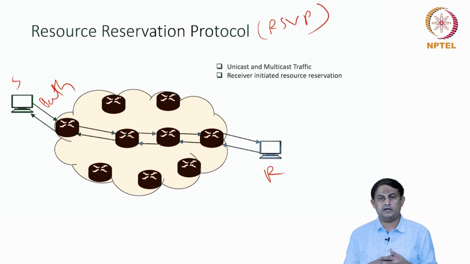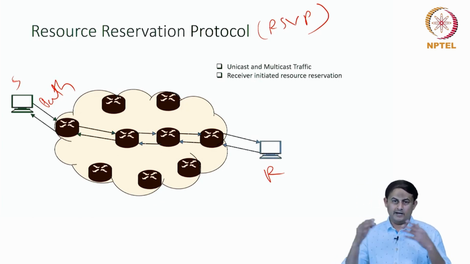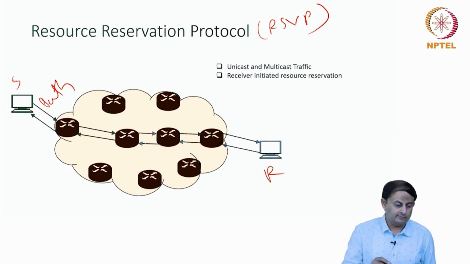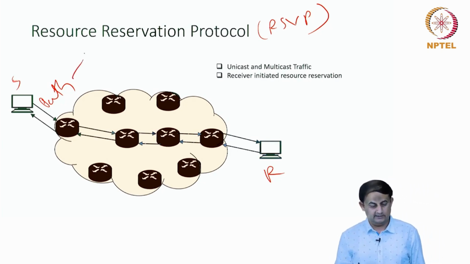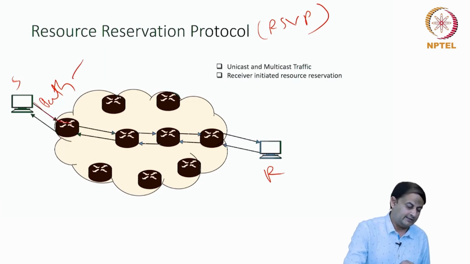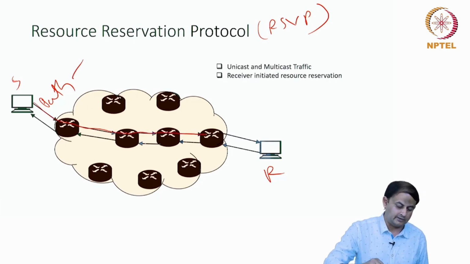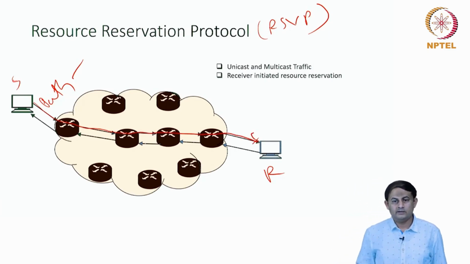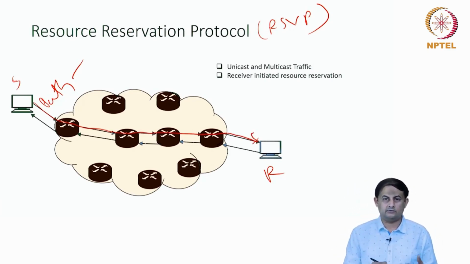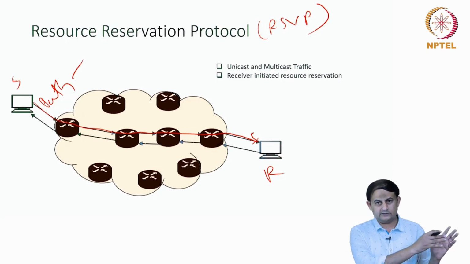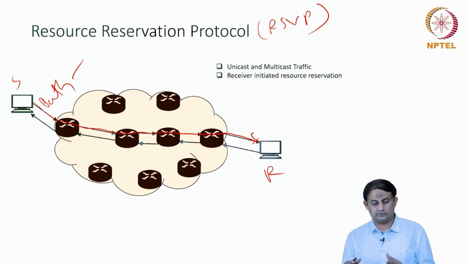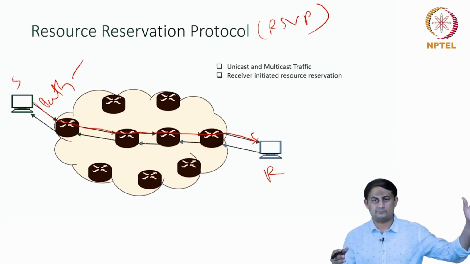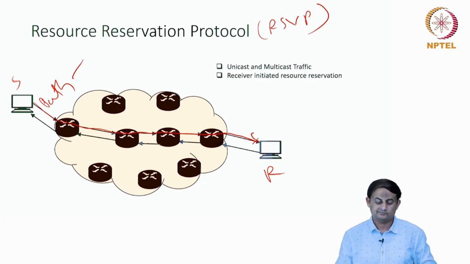I don't know what the path to be taken is. If you identify the path, subsequently you can actually reserve the resources. So the path message originates from the sender, and it identifies a particular sequence of routers to be visited to reach the receiver, and the routers will remember that this packet has come from so-and-so source, and has come from so-and-so upstream router, and so on.